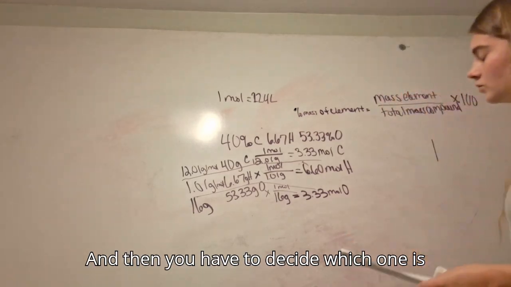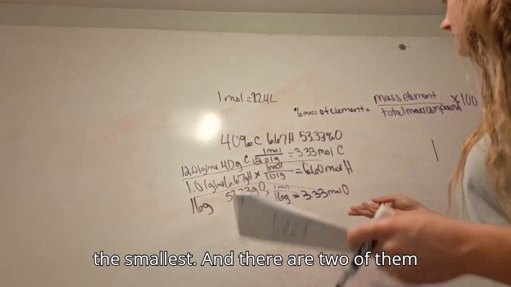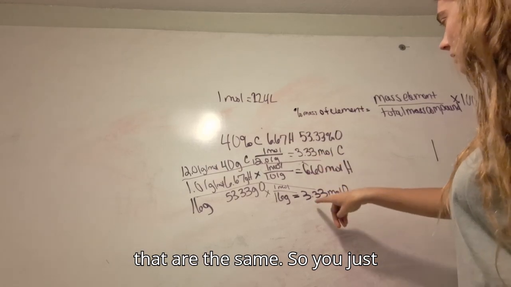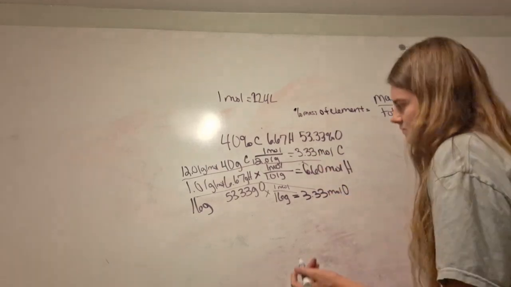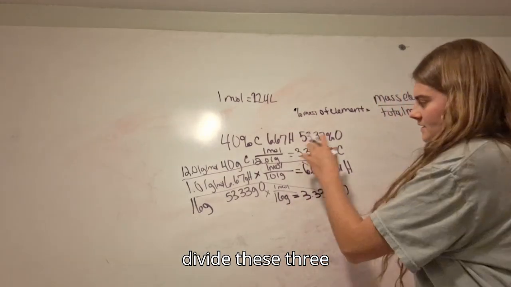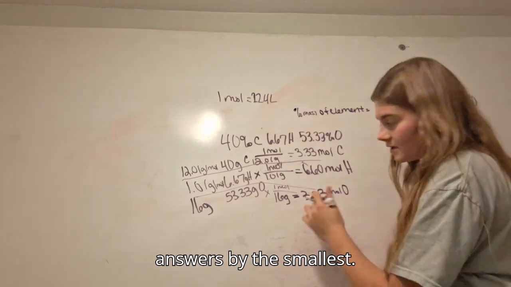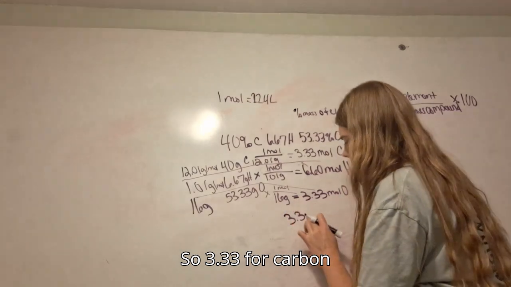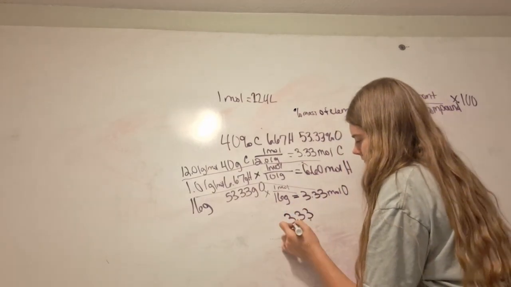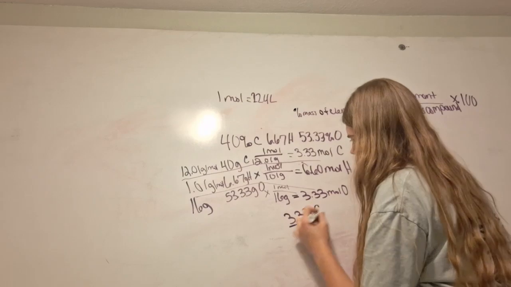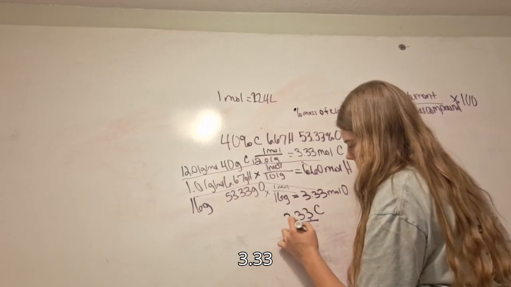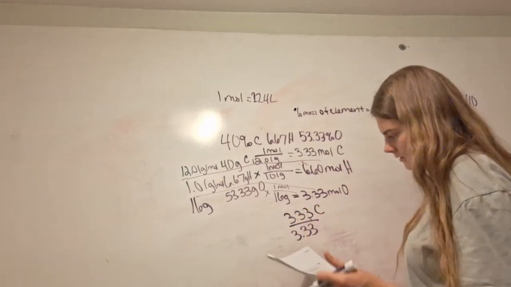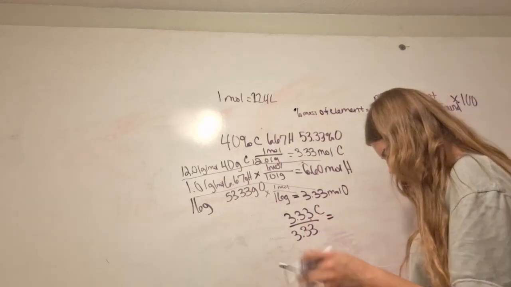And then you have to decide which one is the smallest, and there are two of them that are the same, so you just divide these three answers by the smallest. So 3.33 for carbon divided by 3.33, and that equals 1.